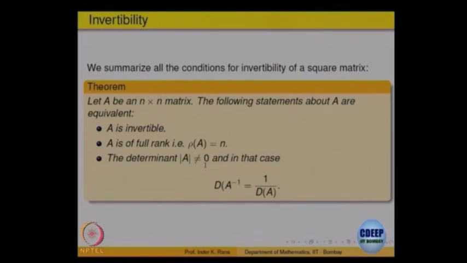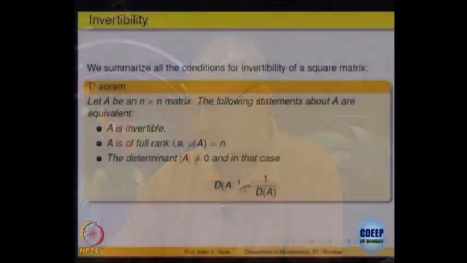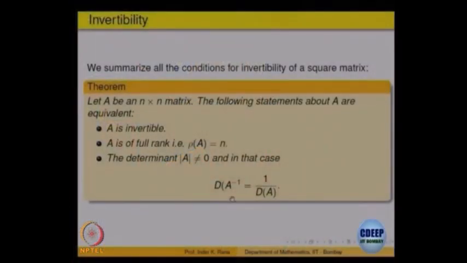We proved A is invertible if and only if it is a product of elementary matrices and its determinant is not equal to 0, and the determinant of A inverse is 1 over the determinant of A, because A into A inverse is identity. Using the product property, the determinant of A into the determinant of A inverse is 1, so the determinant of A inverse is 1 over that, because I have now proved the product property for determinants of arbitrary matrices. So, that is invertibility.